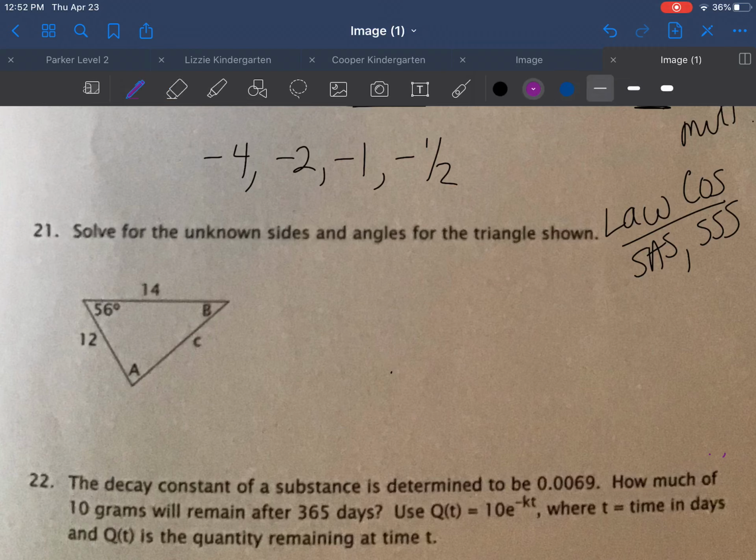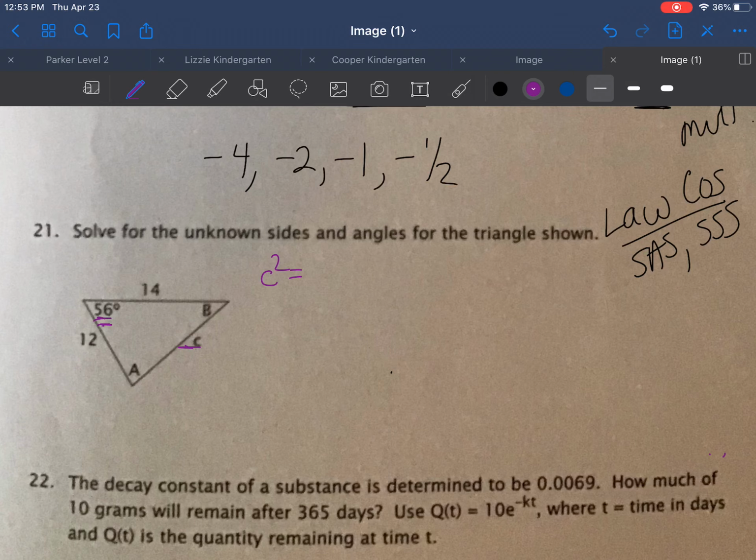The law of cosines tells me that c squared is equal to a squared plus b squared minus 2ab cosine c. So that's a lot of information. C squared, okay, we're going to look here. Because it gave me the angle, we're going to look for the side across from it. That's where we know how to start.